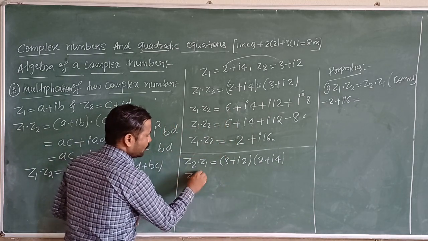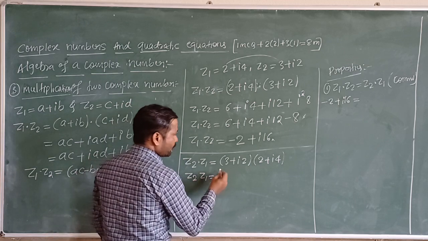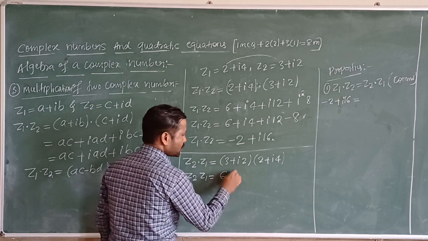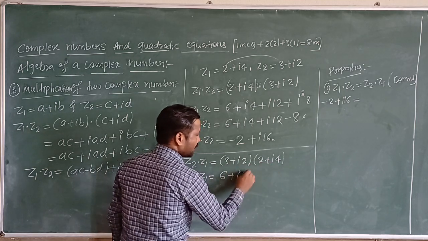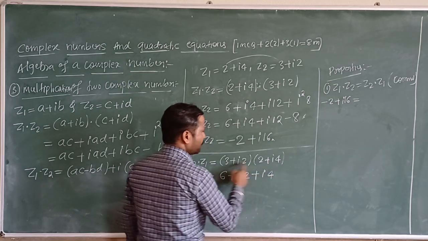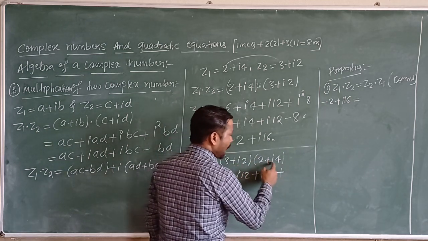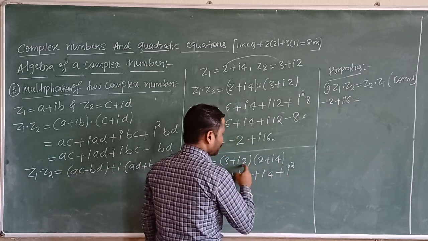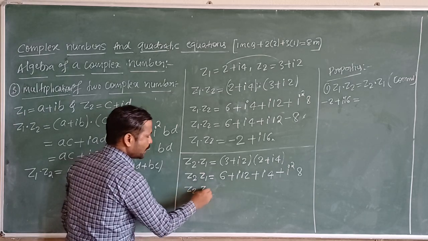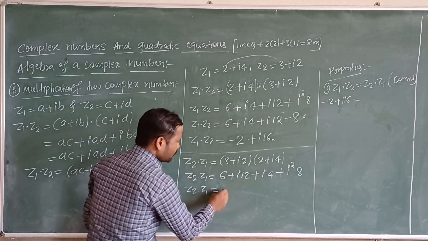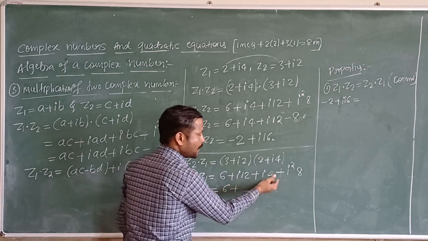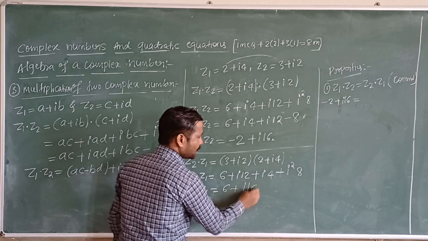Z2 into Z1 is equal to, let us multiply. Plus into plus, all are plus, no worry. 2 3s are 6 here, plus into plus is plus I, as it is, 3 4s are 12. Plus into plus is plus I, as it is, that is 2 2s are 4, plus into plus plus I into I, that is I square, 2 4s are 8 now. Z2 into Z1 is equal to again 6 as it is, plus 12 I, that is I4, I16.